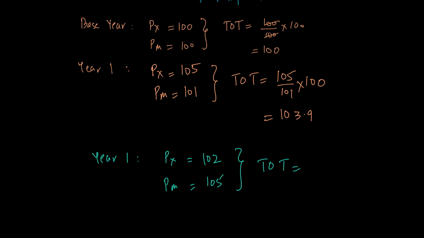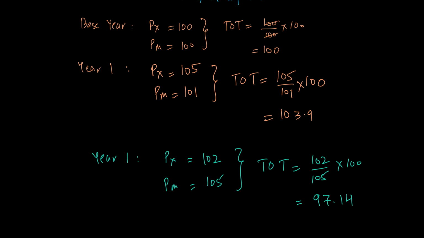Terms of trade for this example is 102 over 105 times 100, which is 97.14. This means that, on average, a country is paying higher prices for its imports than it is receiving for its exports, so the terms of trade has actually worsened.